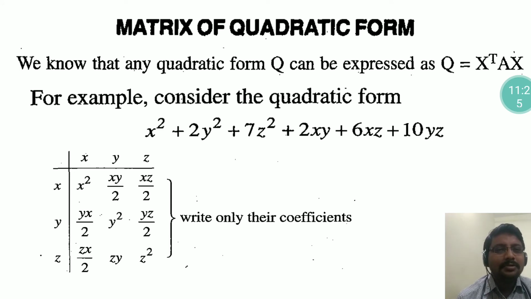We take the xy coefficient divided by 2, and the xz coefficient divided by 2. Then yx by 2, y square, yz by 2, zx by 2, zy by 2, z square.